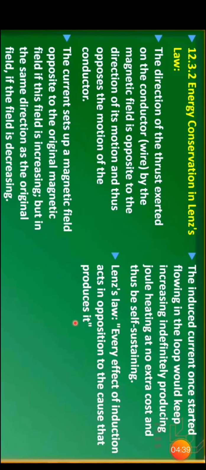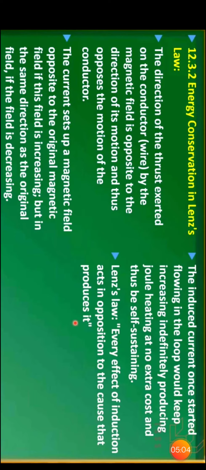Now our next point is energy conversion in Lenz's law. The direction of the thrust exerted on the conductor, that is the wire, by the magnetic field is opposite to the direction of its motion and thus opposes the motion of the conductor.